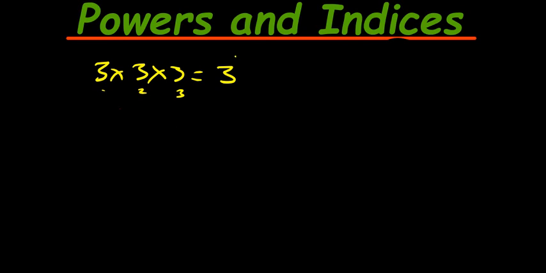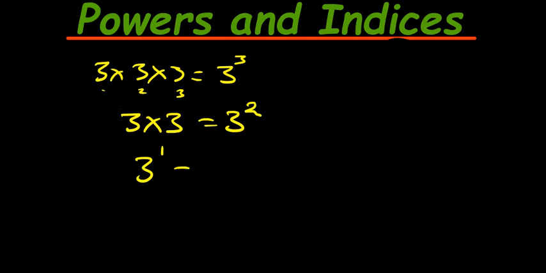So this will be raised to the power 3. And then what if you have 3 multiplied by 3? How many 3's do we have? We have 2. So we have 3 raised to the power 2. And then if 3 is raised to the power 1, how many 3's do we have? We only have one 3. So that's how the pattern goes.